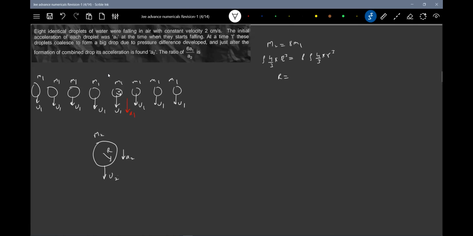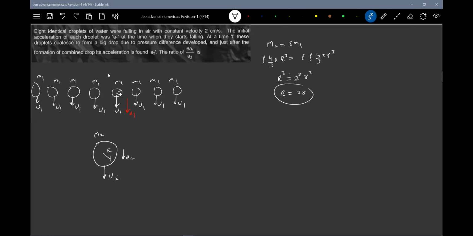So R is equal to 2r, this will be the radius of the bigger drop.